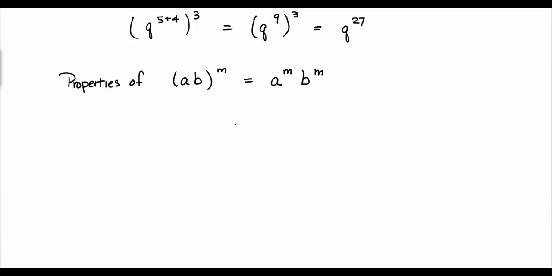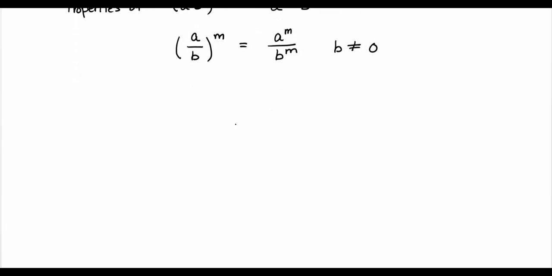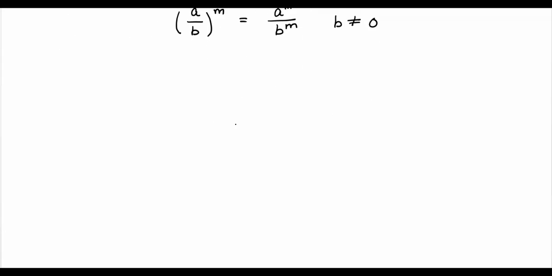So each one of them gets that exponent. Okay, and similarly, if I have a over b, and all of that's raised to the m power, I get a to the m all over b to the m, as long as b doesn't equal 0, right? Because if b equals 0, then 0 under the line is undefined, right?